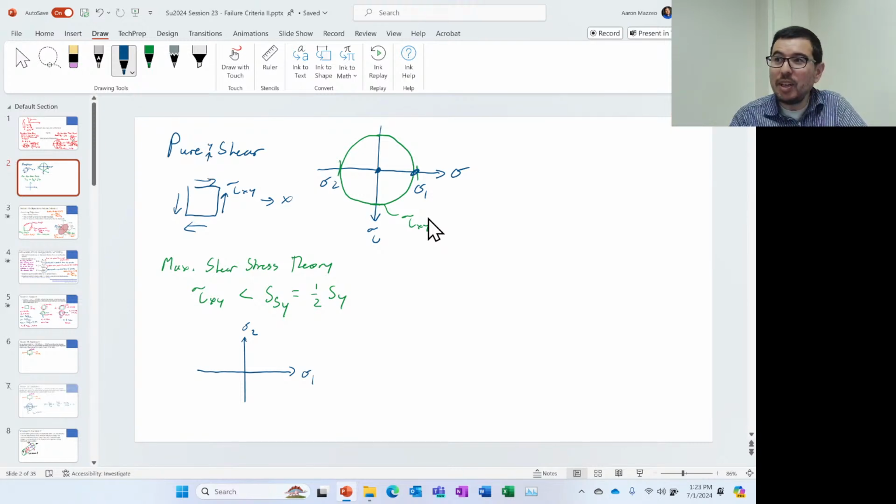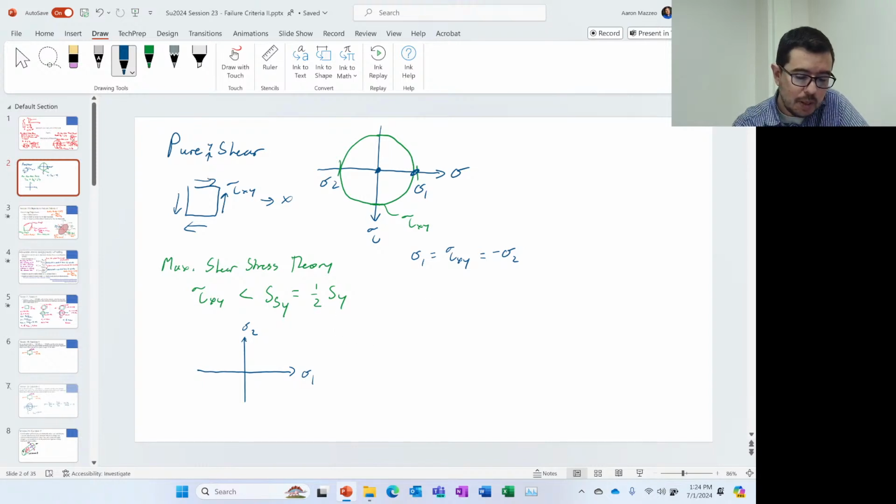So sigma 1 equals tau xy here, and we can say that this is equal to minus sigma 2. So now what we see here is that sigma 1 equals minus sigma 2 is equal to tau xy. And this has got to be less than SSY, which is equal to 1/2 SY.